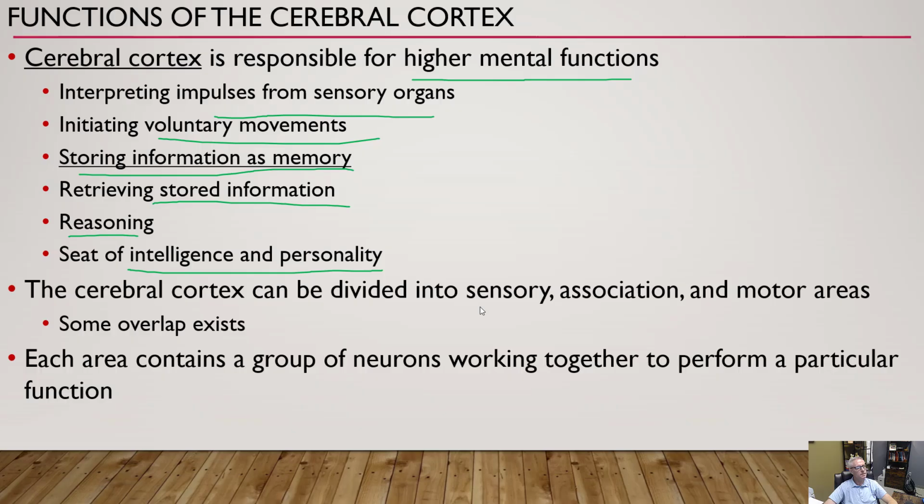So we classify the cerebral cortex into sensory areas, motor areas, and association areas. And they overlap because, like I said, we don't know where things start and stop. Each area contains neurons that work together to perform all of these functions.